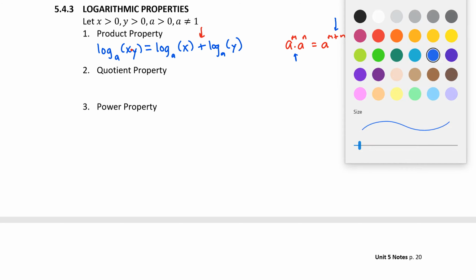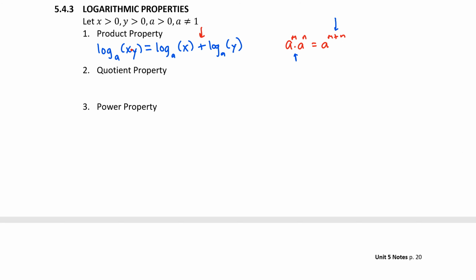Now, if when we're multiplying in the argument, we translate that into the sum of two logarithms, what do you suppose we're going to do if we have a quotient in the argument of a logarithm? A quotient will turn into the difference of two logs. So this becomes log base A of x minus log base A of y.